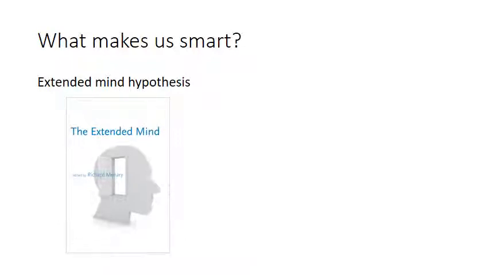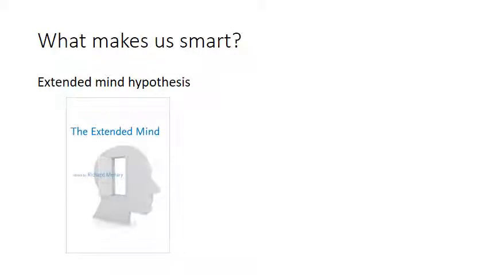And a very interesting, and I think right on the mark, hypothesis is that what makes us smart is not these biological brains, but actually the external elements we use in our thinking. And that is the so-called extended mind hypothesis.